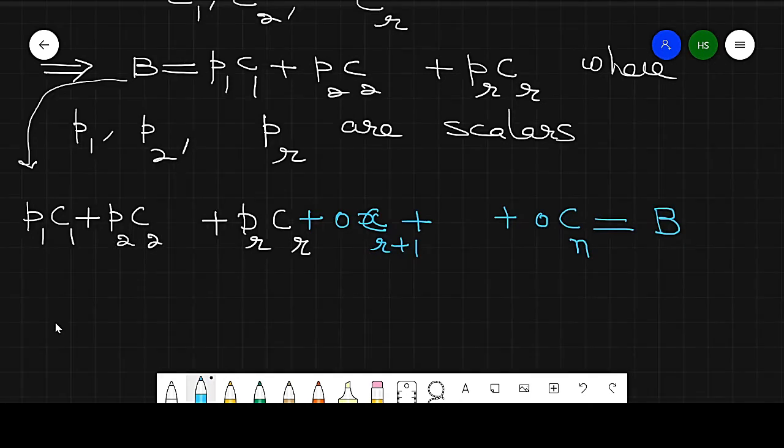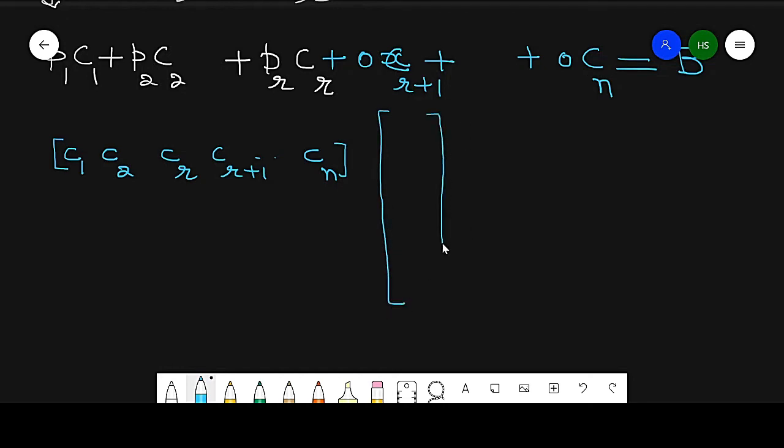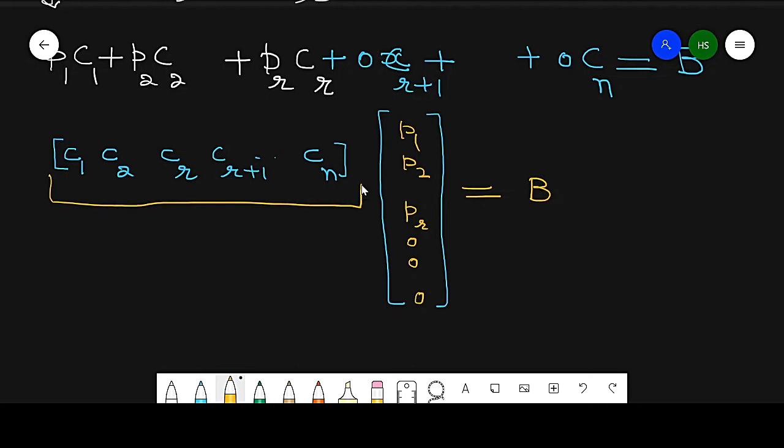Now this can be written as the matrix with columns C1, C2, up to CR, CR plus 1, up to Cn, multiplied by the column matrix P1, P2, up to PR, 0, 0, and last is 0, which is equal to B. So what is this? This is the A matrix.